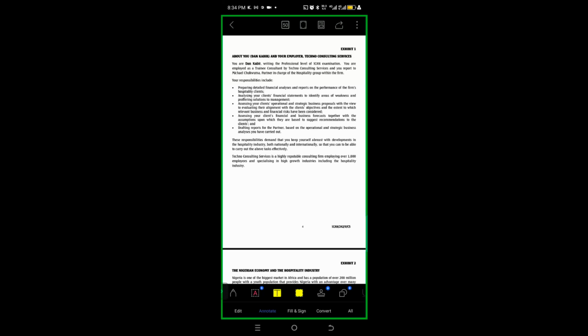That is the P&L account. You are going to be looking at the P&L account and analyzing it, telling whether the company has been profitable over the years or not, looking at the items on the profit or loss account and telling what the company has been doing over the years.